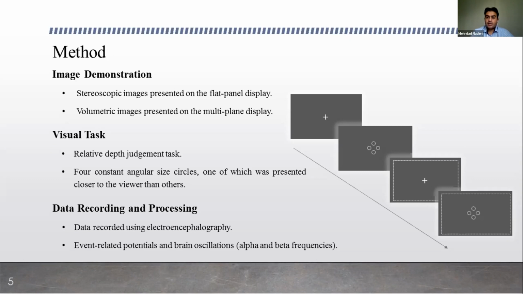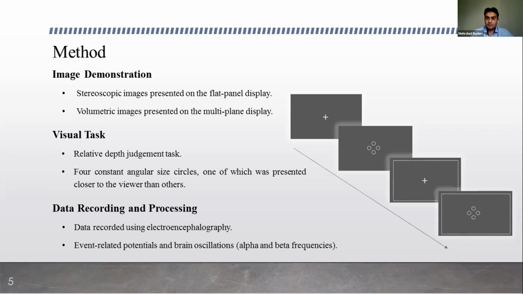Each session included 8 tutorials, and a cross was presented before each relative depth judgment task for gaze fixation. The entire experiment was performed in a dark room at a viewing distance of 90 centimeters. To record the brain signals, 21 active electrodes were placed following the international 10-20 system.